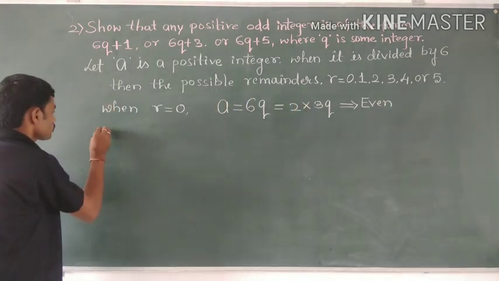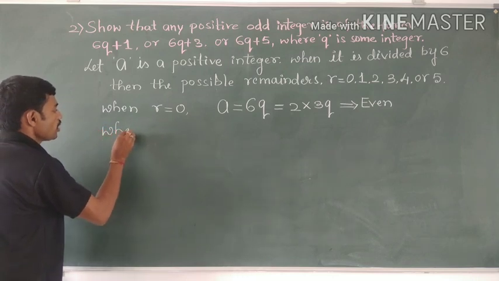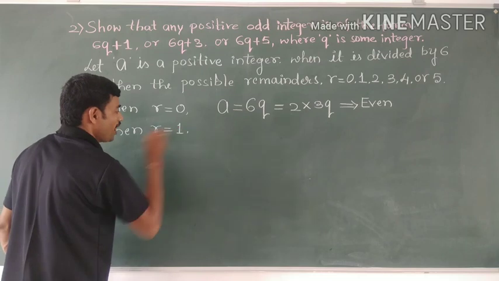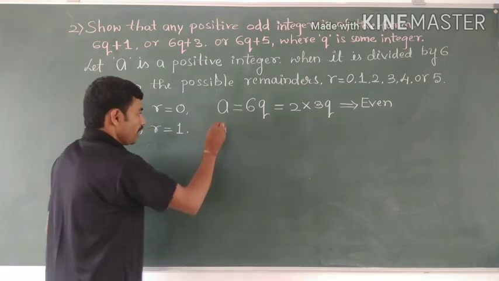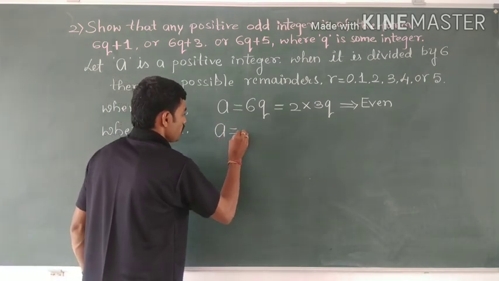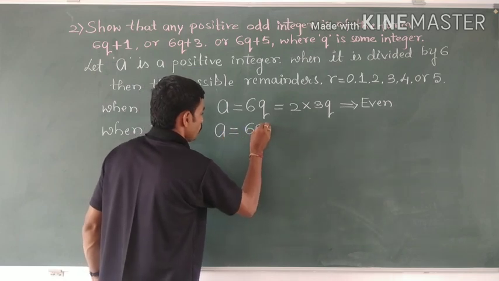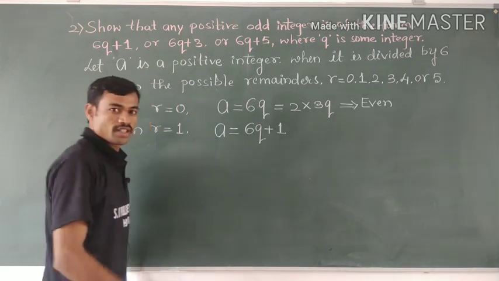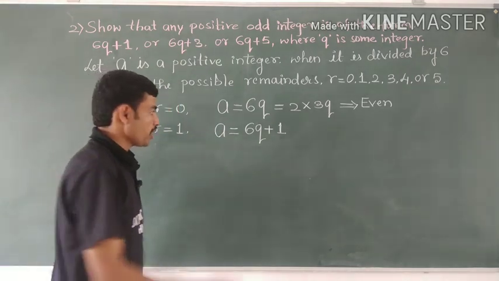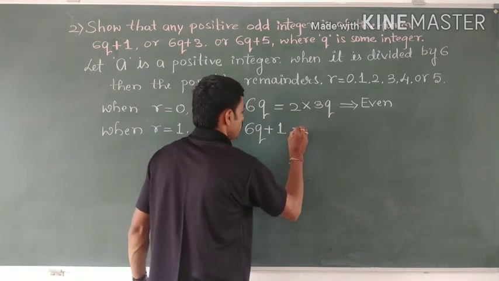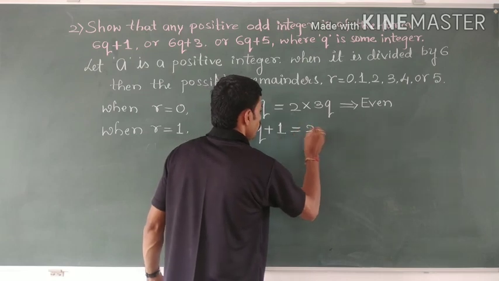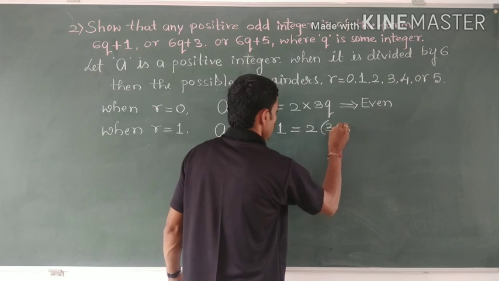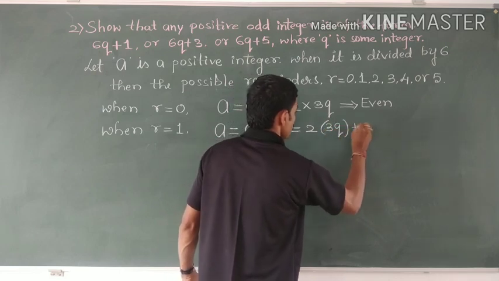Next, come to when r equals 1. Suppose the remainder is 1. Then a equals 6q plus 1, which can be written as 2 into 3q plus 1.